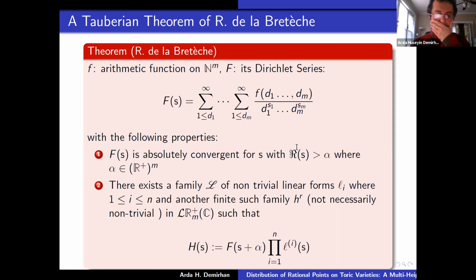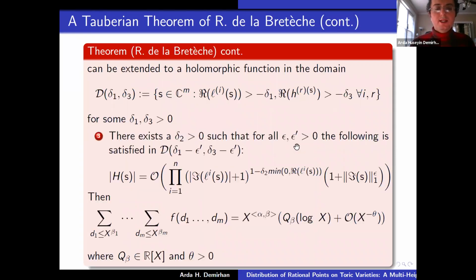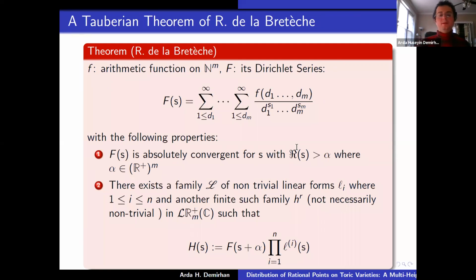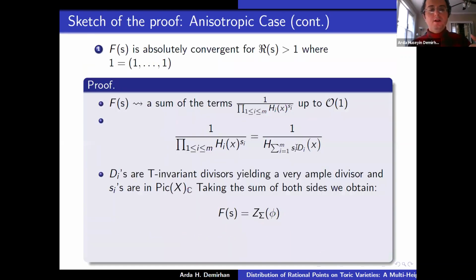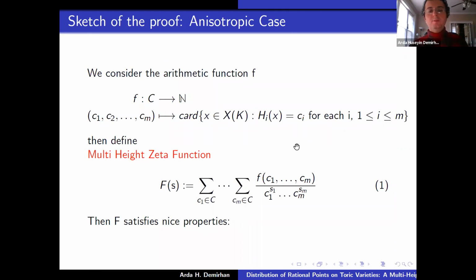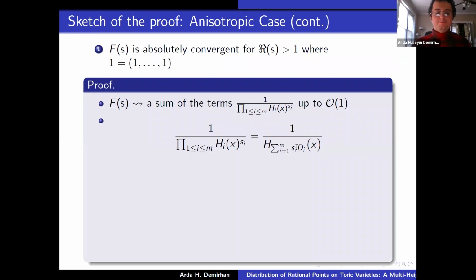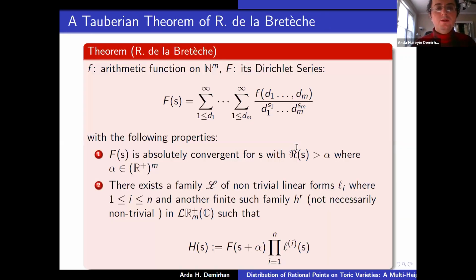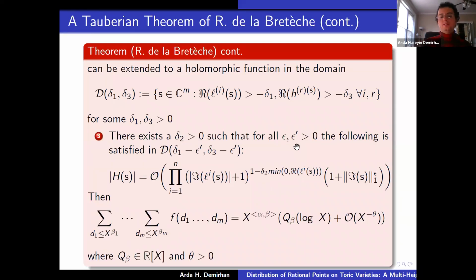One more thing I'd like to say is, as you can see here, the sum in Demirhan's theorem is over positive integer tuples, since he has a Dirichlet series where he sums over all of them. Whereas we were doing the sum over a countable set C. But his proof works for our case, because he uses some sort of Gaussian elimination with pivoting and some residue calculus, so it just works for any countable set.